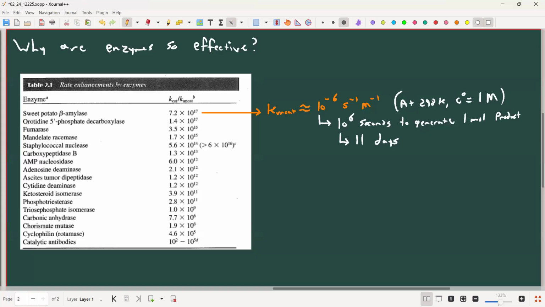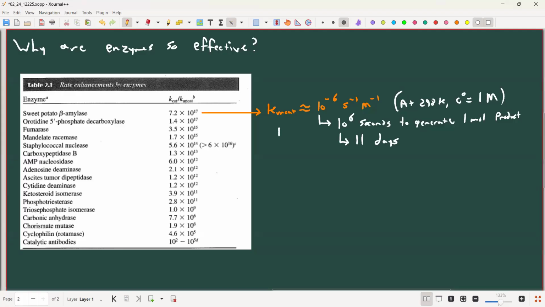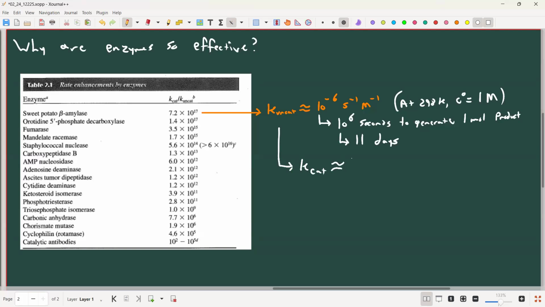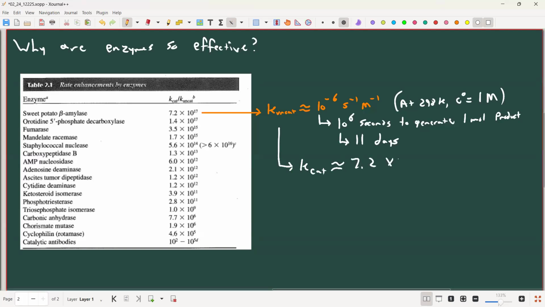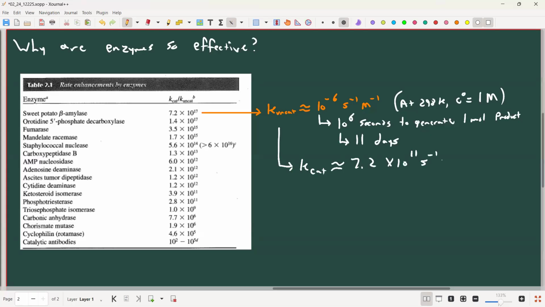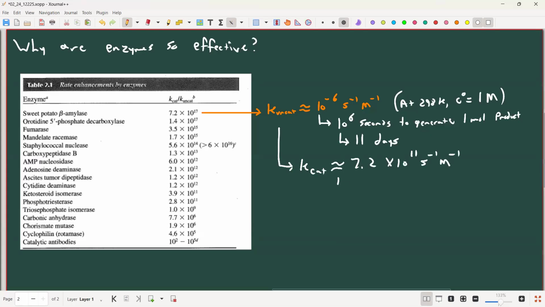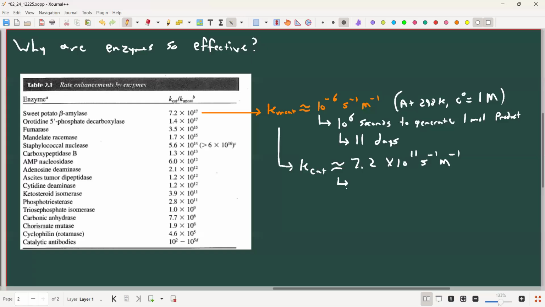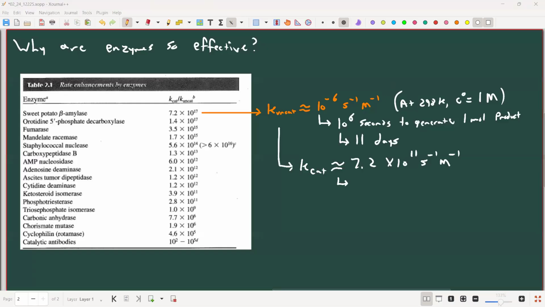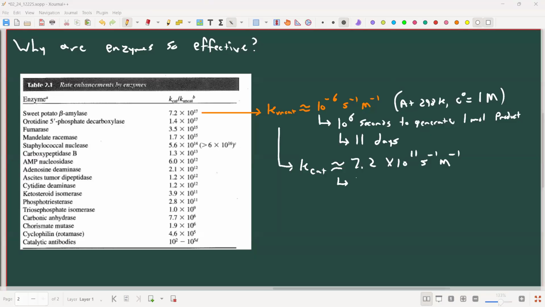All right. But if we put a catalyst in there, it goes 10 to the 17 times faster. Right? So that means that Kcat is 7.2 times 10 to the 11 per second per molar. Right? What does that mean? Well, that means that to get 1 mole of product, it takes 1.38 times 10 to the minus 12 seconds.